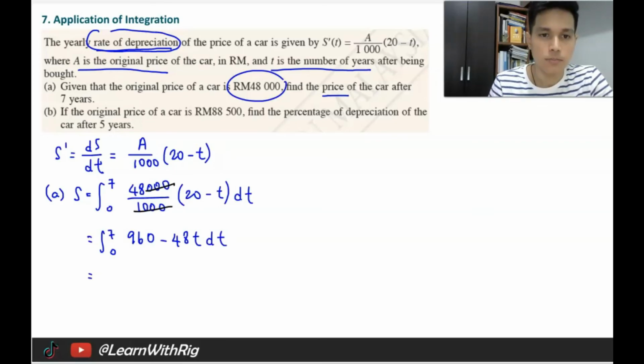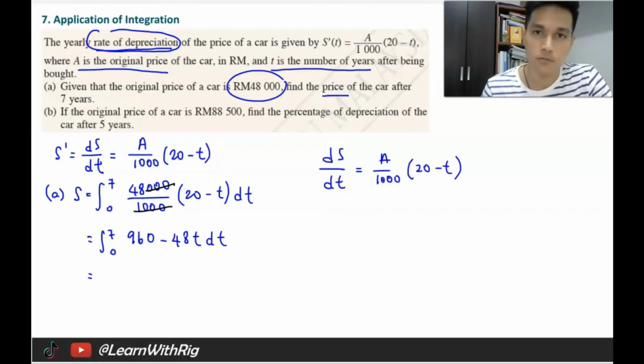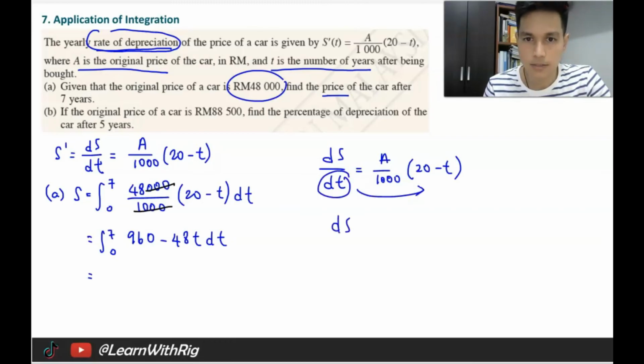Now, some of y'all might be wondering why I write dt here. See, dS over dt equals A over 1000 times (20 minus t). For those who are questioning why I write it in terms of dt, it is because you want to find S. So you bring the dt to the opposite side: dS equals A over 1000 times (20 minus t) dt.